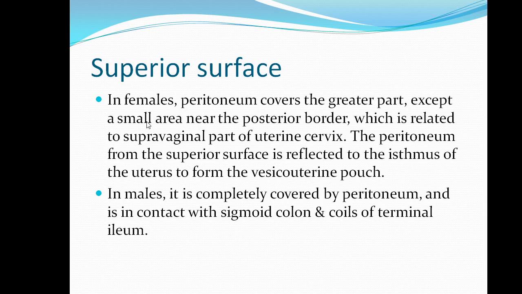So, in females, the peritoneum covers the greater part of the superior surface of the bladder, except a small area near the posterior border, which is related to the supravaginal part of the uterine cervix. The peritoneum from the superior surface is reflected to the isthmus of the uterus to form the vesico-uterine pouch.